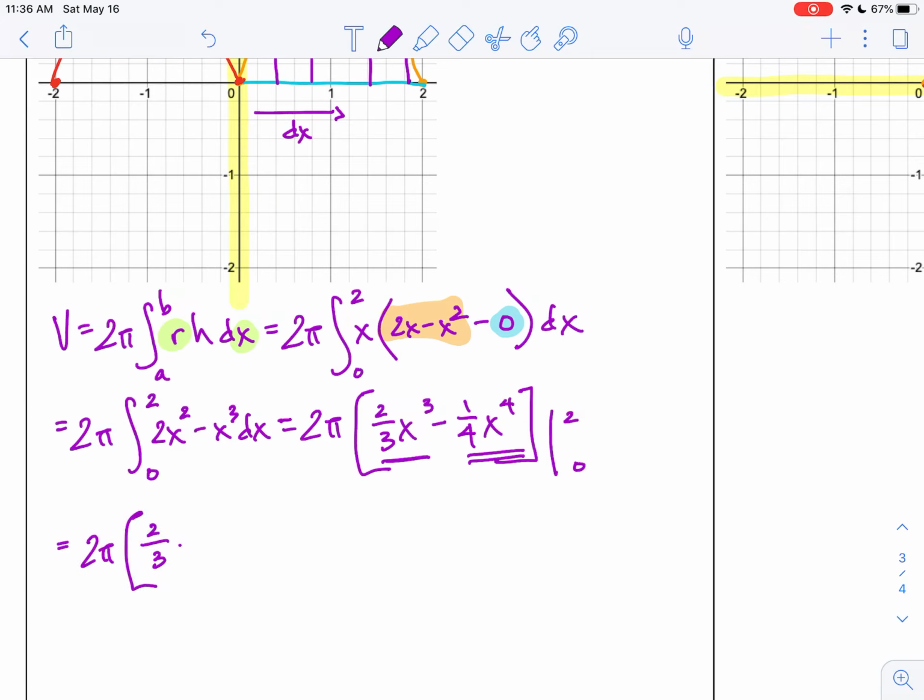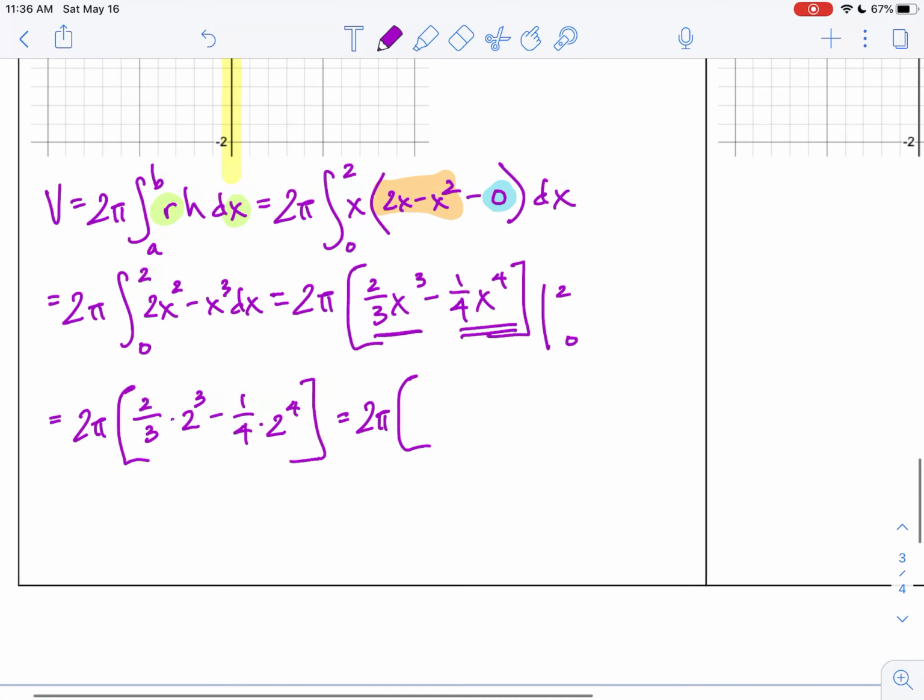So 2 pi times 2/3 times 2 cubed minus 1/4 times 2 to the fourth. This will give me 2 pi times 16 over 3 minus 16 over 4. So we've got a common denominator of 12.